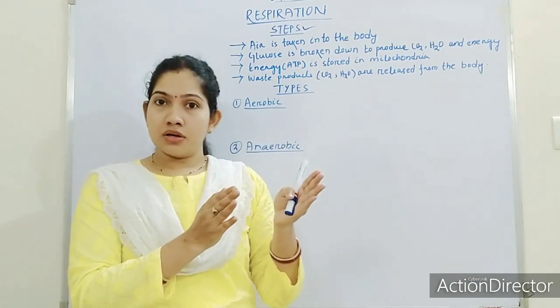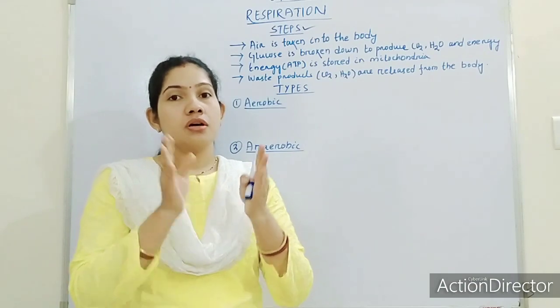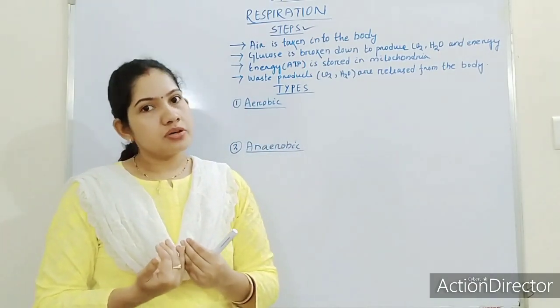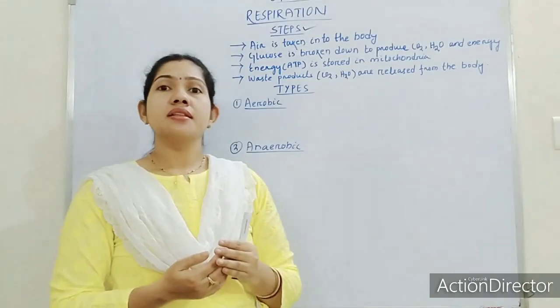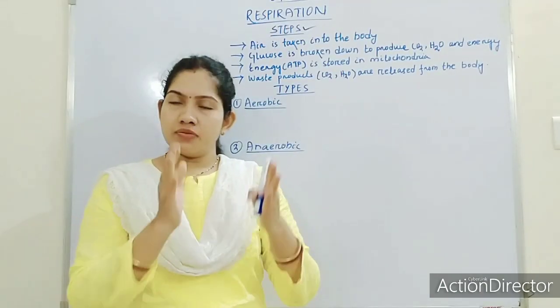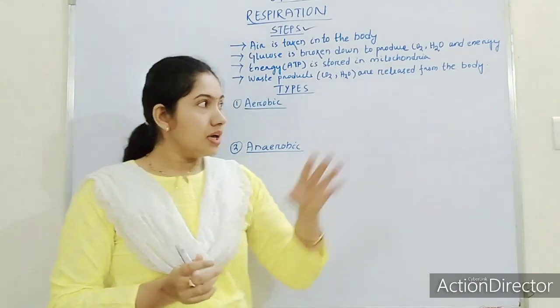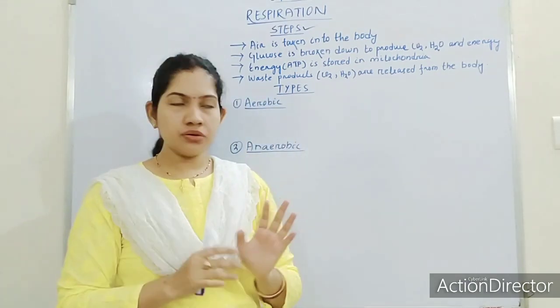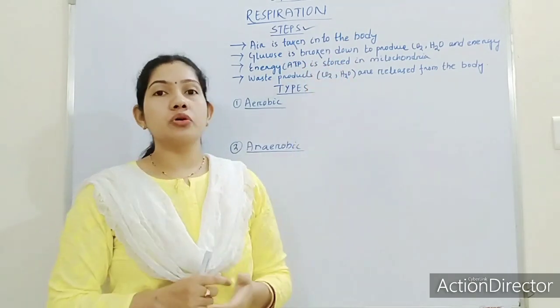Air here in turn we are using for oxygen. We have to take oxygen into our body. Next, glucose is broken down. Here, as we are discussing plant life, I am discussing plants.